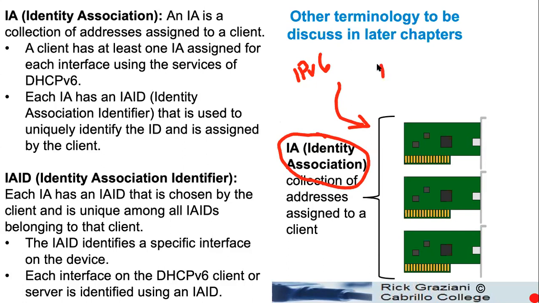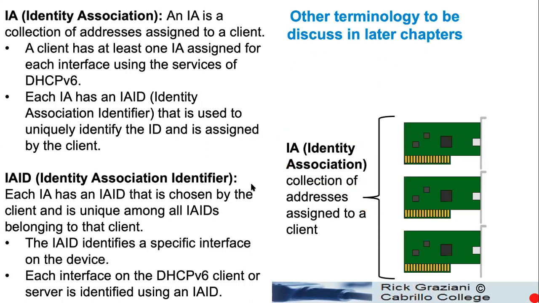So each device has a DUID, and then one or more of these identity associations. And it says, okay, I've assigned this IPv6 address specifically to this device. It's how it tracks who got what address. In IPv4, that's done using a MAC address. In IPv6, they use these DUIDs and IAs.